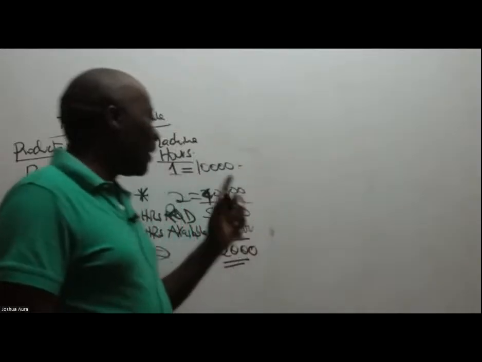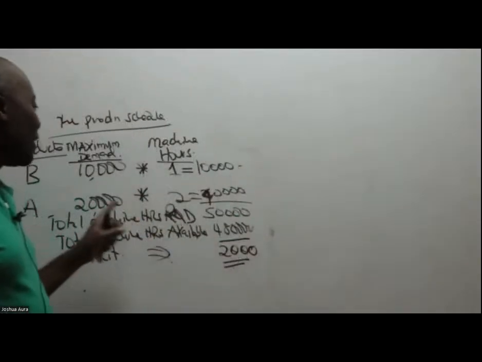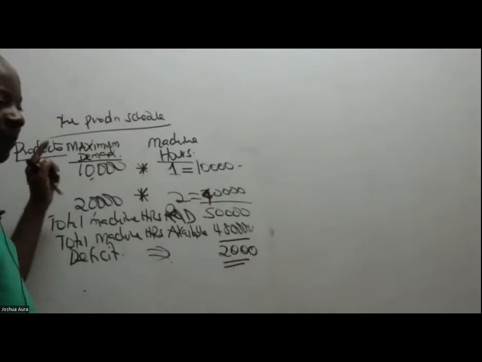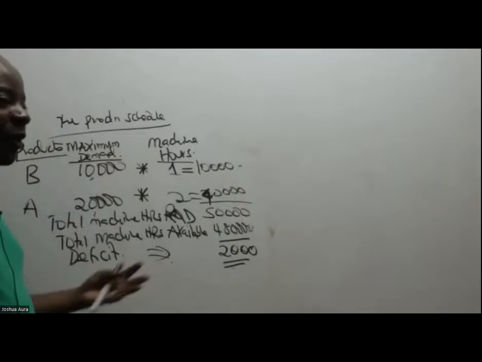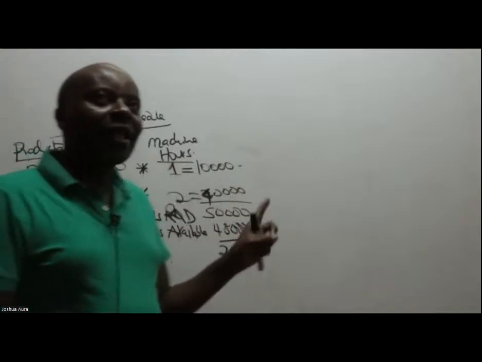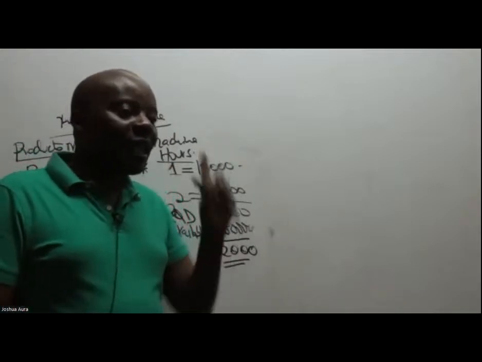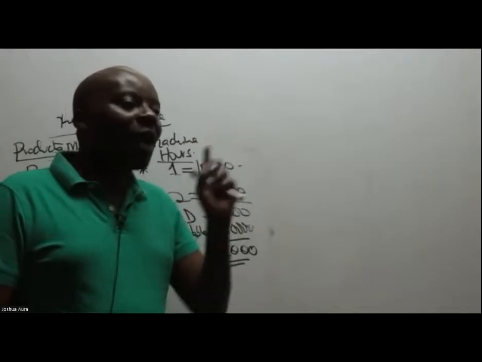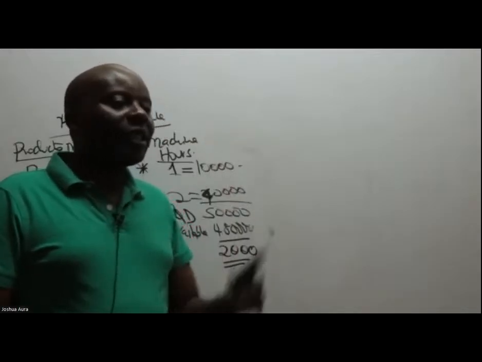Remember that the one you always give priority is the one that was ranked first. So when returning goods, you always start by returning the goods of the product that was least ranked.